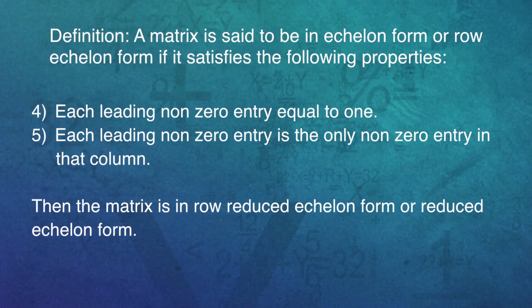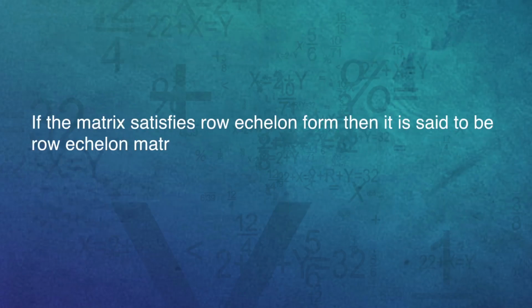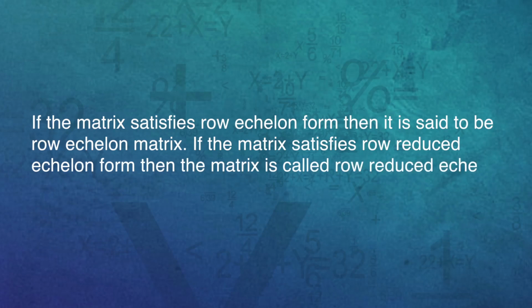That is what we have seen in the example that we have discussed. If the matrix satisfies row echelon form, then it is said to be a row echelon matrix. If the matrix satisfies row reduced echelon form, then the matrix is called a row reduced echelon matrix.